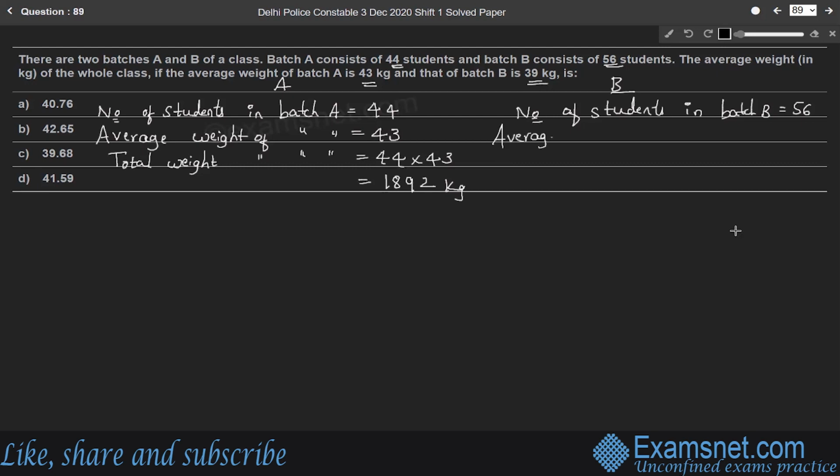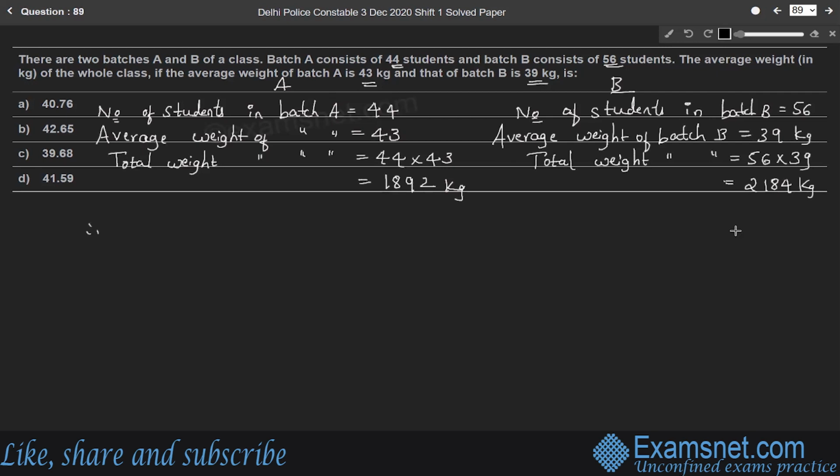Therefore, total weight of batch B is 56 into 39. So 56 into 39 gives 2184 kg. So this is the total weight of batch B.